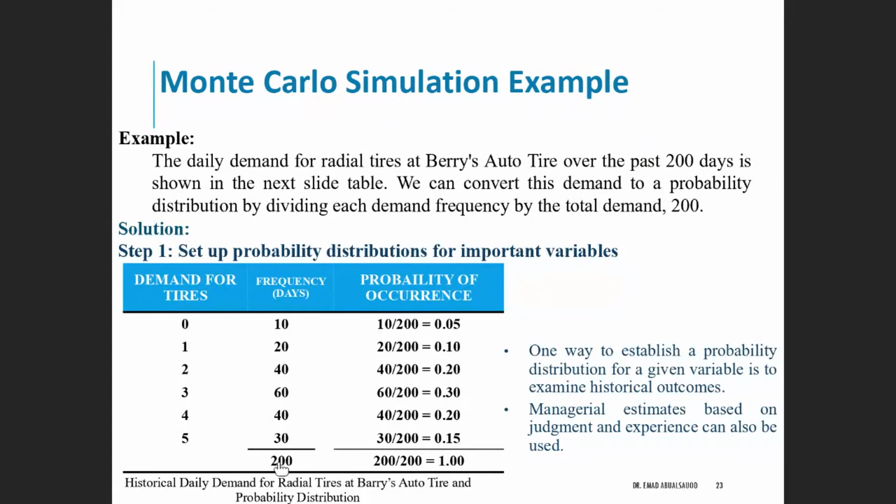This information is given and you calculate this column as the probability of occurrence, which is the probability distribution for the variable. You do that as the first step. Again, how is this calculated? You divide the number of occurrences by the total. So I have demand of one tire appearing 20 times.